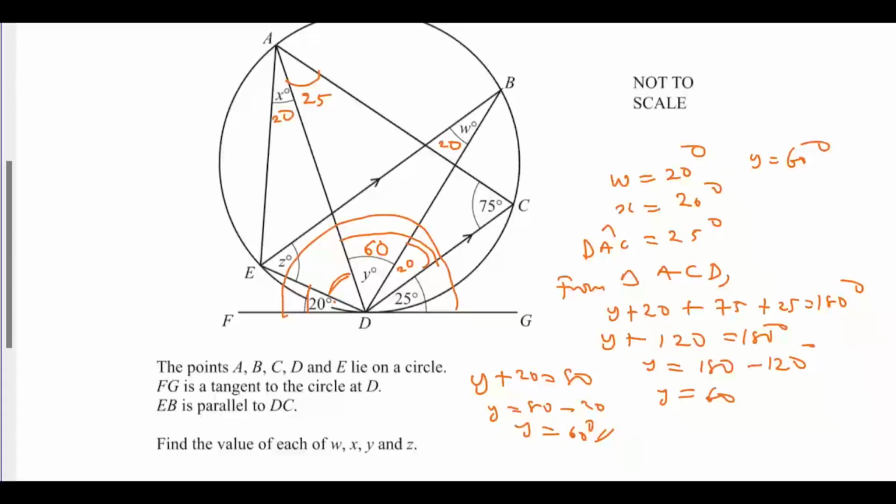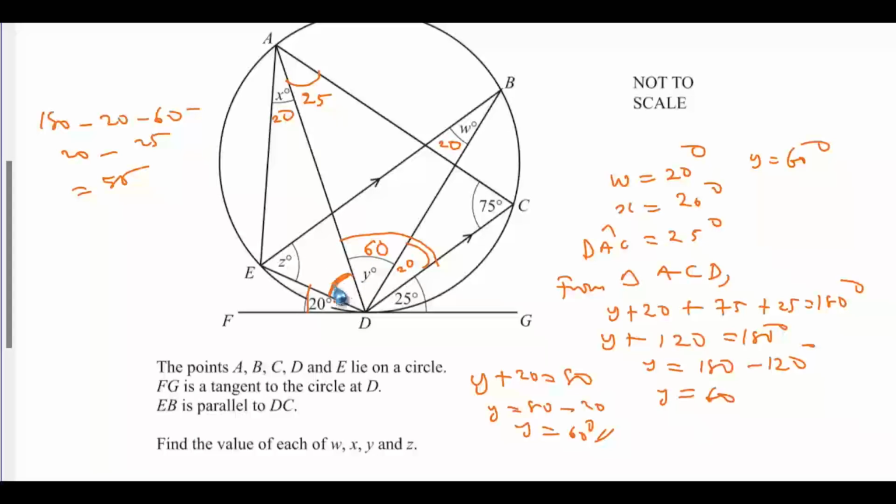So let me remove that. So to get this angle EDA now, we just have to do 180 subtract 20 subtract 60, then subtract 20 subtract 25, and this should give us 55.